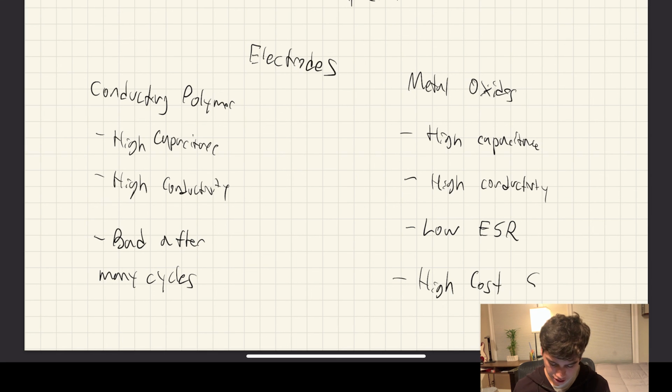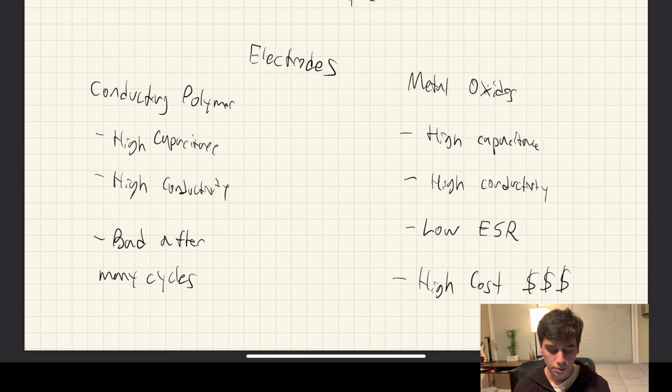These are very, very expensive. That's the big issue with metal oxides. Currently, it costs too much money to manufacture them, and we're just not able to manufacture them at scale in a cost-effective way. So once again, with both of these, with conducting polymers they're working on improving manufacturing to improve cycle life, and with metal oxides they're trying to get the cost down so that they can be more widespread.